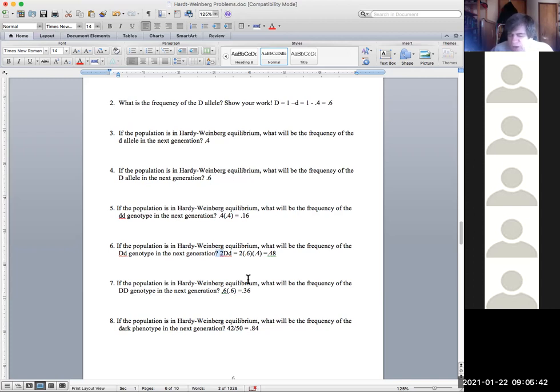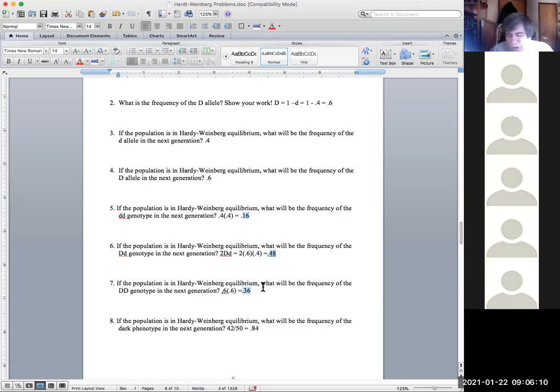So it's 2 times 0.6 times 0.4, and if you multiply that out, that's 0.48. Again, if our population is in equilibrium, what's the frequency of big D, big D? 0.36, 0.6 times 0.6.